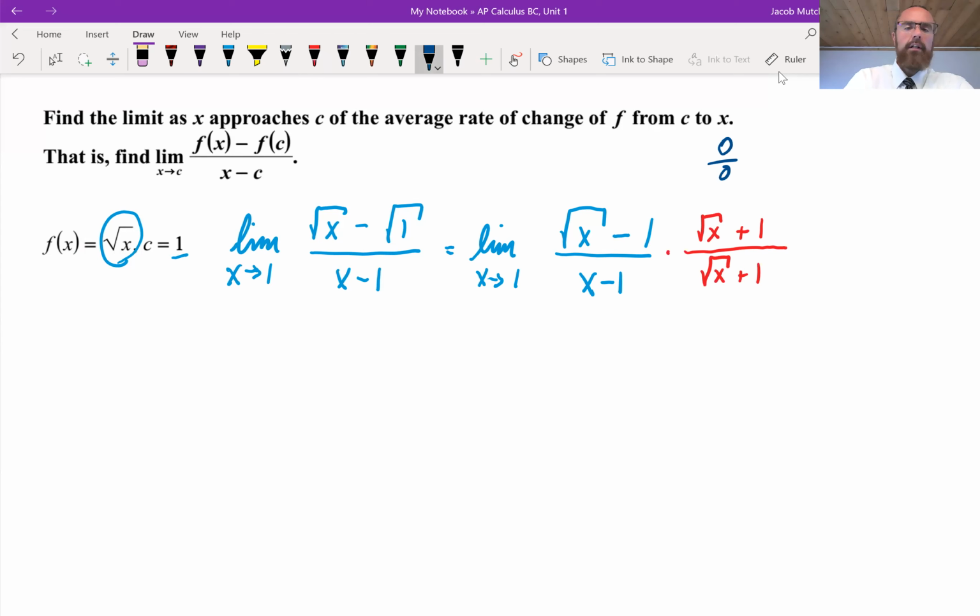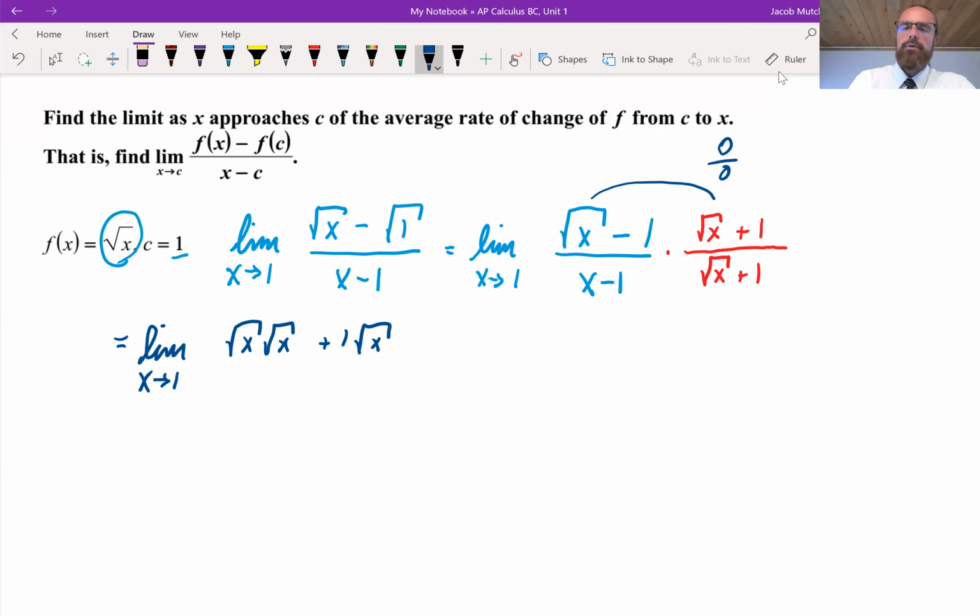So over here on the left, it equals the limit as x approaches 1. Again, I'm going to FOIL. Remember how that worked: square root of x times square root of x. Outer term, square root of x times positive 1, so plus 1 square root of x.